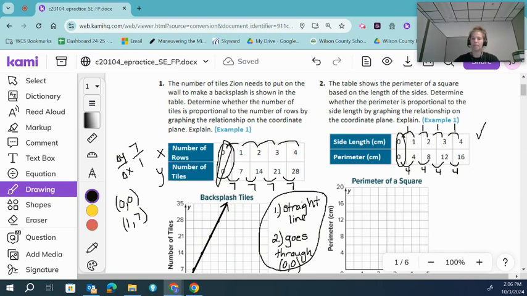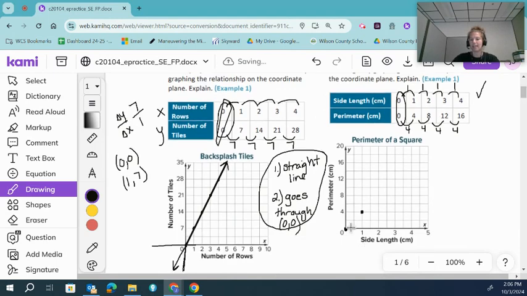Okay, and we'll come down and we'll go ahead and plot these points here. 0, 0 will be my first point, then 1 and my x, 4 on my y. Notice that these actually, each of these grid marks is half. Okay, so make sure you pay attention to those axes and what they count by. My vertical axis, my y-axis counts by 2, 4, 6, 8.